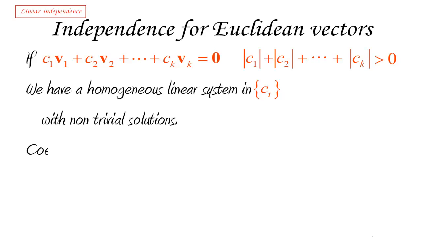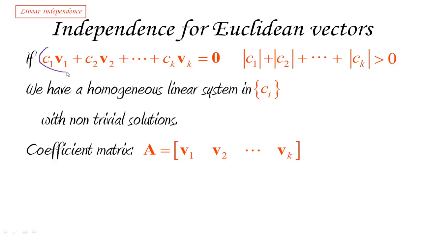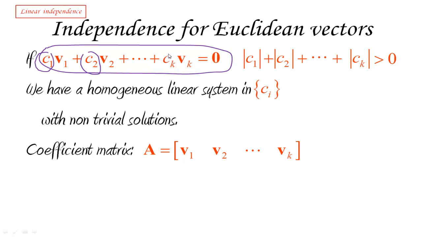So if we look at the coefficient matrix A, which is obtained by thinking of all the vectors v1, v2, ..., vk, this time as columns, and you may want to backtrack here and look at this equation as a linear system. In this linear system, the variables are c1, c2, c3, up to ck.